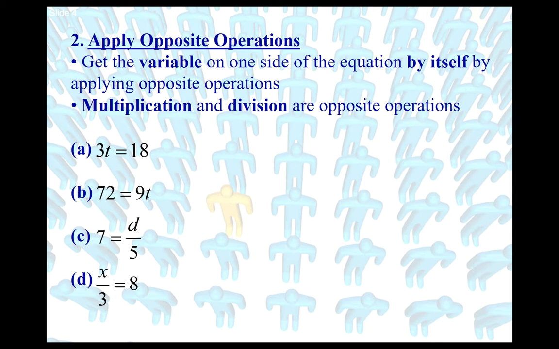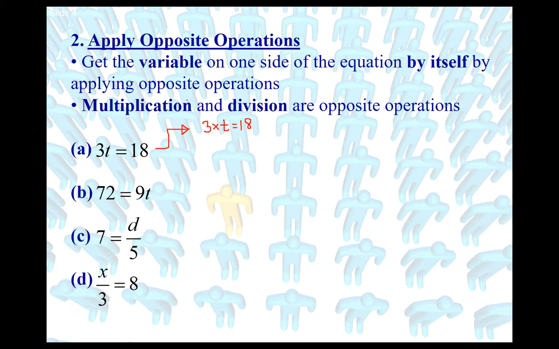All right, let's just do it in this color. The first one, we have 3t equals 18. So I'm going to pull it up over here. 3t equals 18 is 3 times t equals 18. Now, we want to get the t isolated.